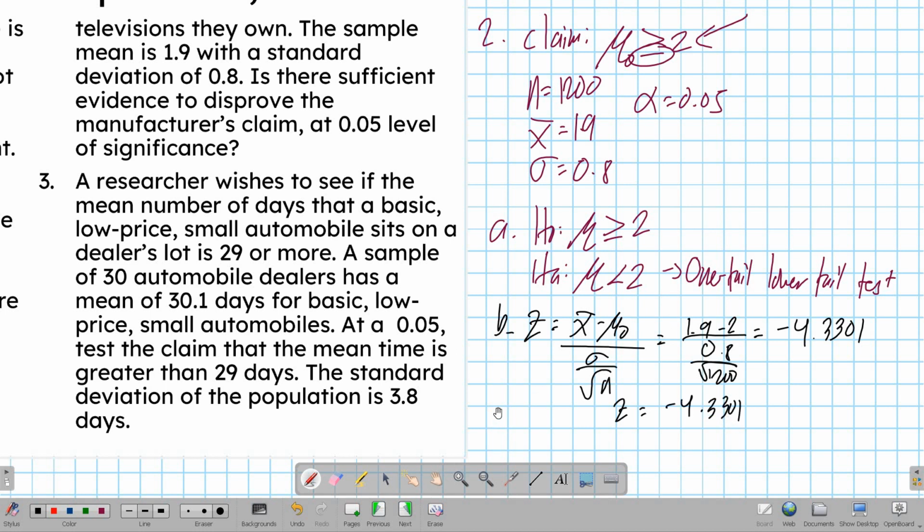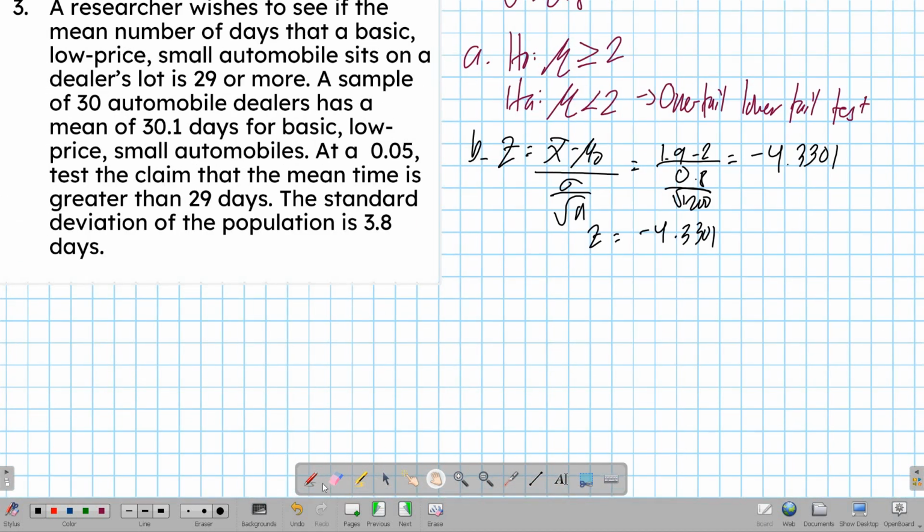So the next thing to do now is to find our critical values. Since this is a one-tail, lower tail test, our decision rule would be z is less than negative z alpha.